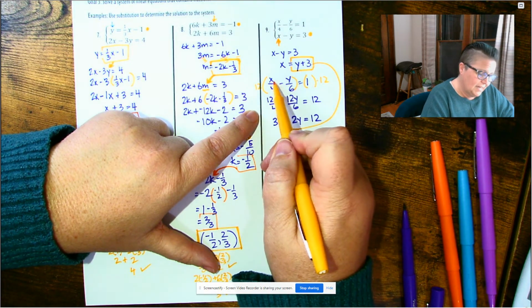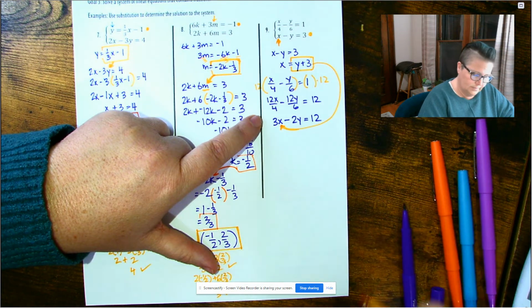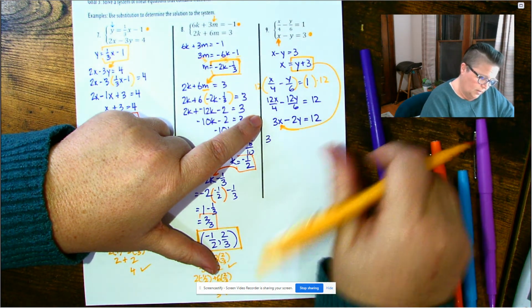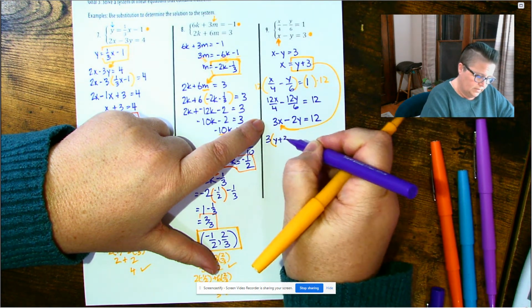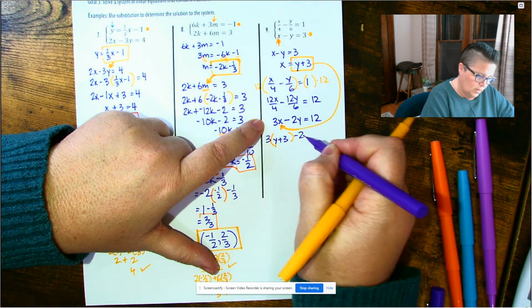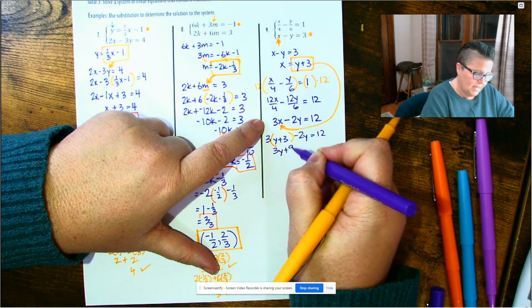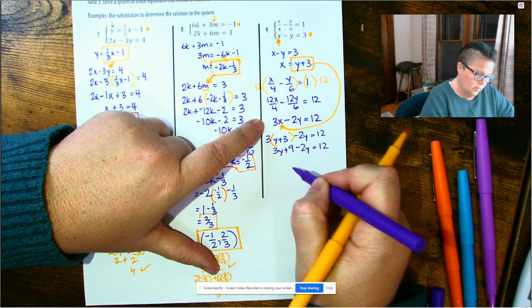And if I'd done it here, then I would have had parentheses and fractions, and so that is a choice I made. So then I got 3. And then in parentheses for that x, I got a y plus 3. Minus 2y equals 12.